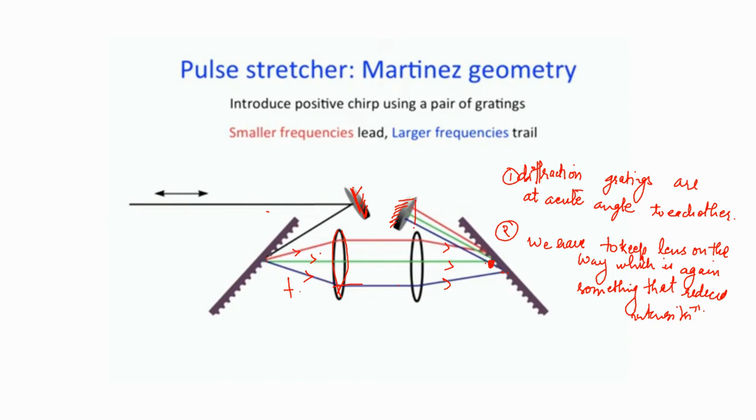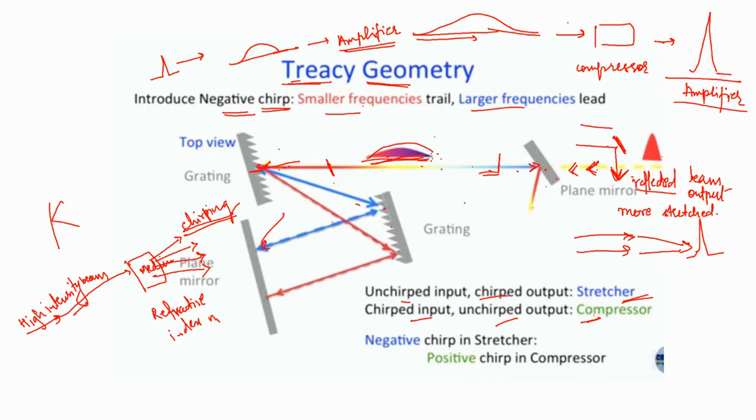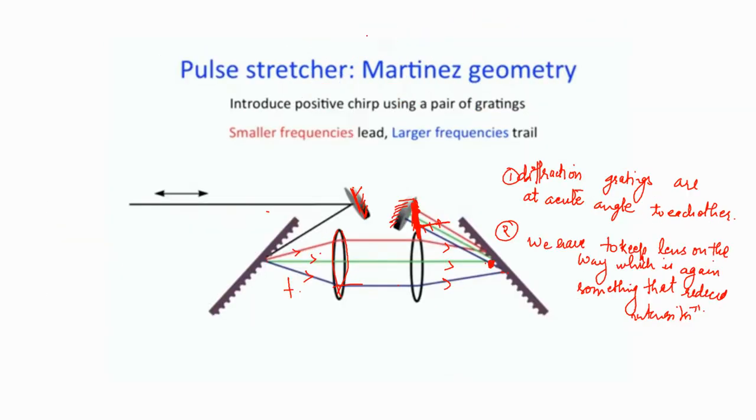If you would have seen, say this is the mirror, you can see that at this particular point of time, see the red, if you talk about time, it introduces a positive chirp.